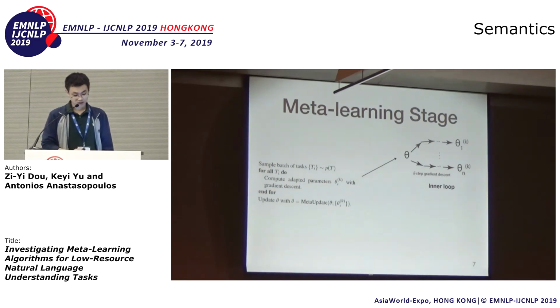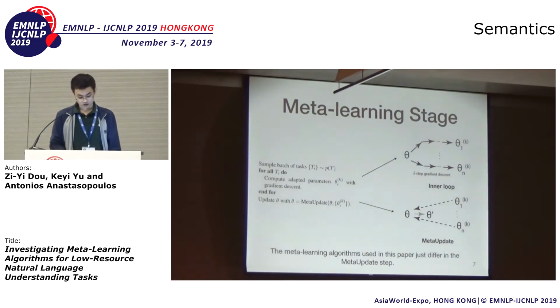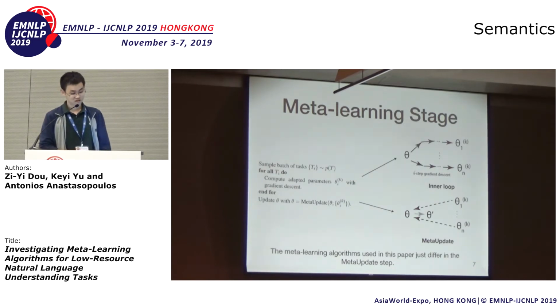After we obtain these adaptive parameters, we use them to do a so-called meta update step and update the original parameter theta to a new parameter theta prime. The meta-learning algorithms we use in this paper just differ in the meta update step. So next, I will illustrate this step.